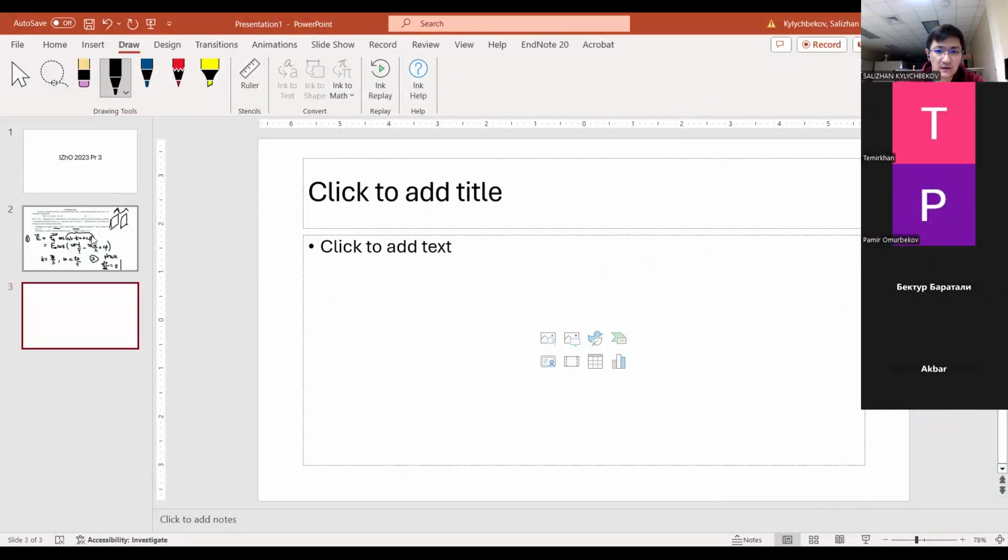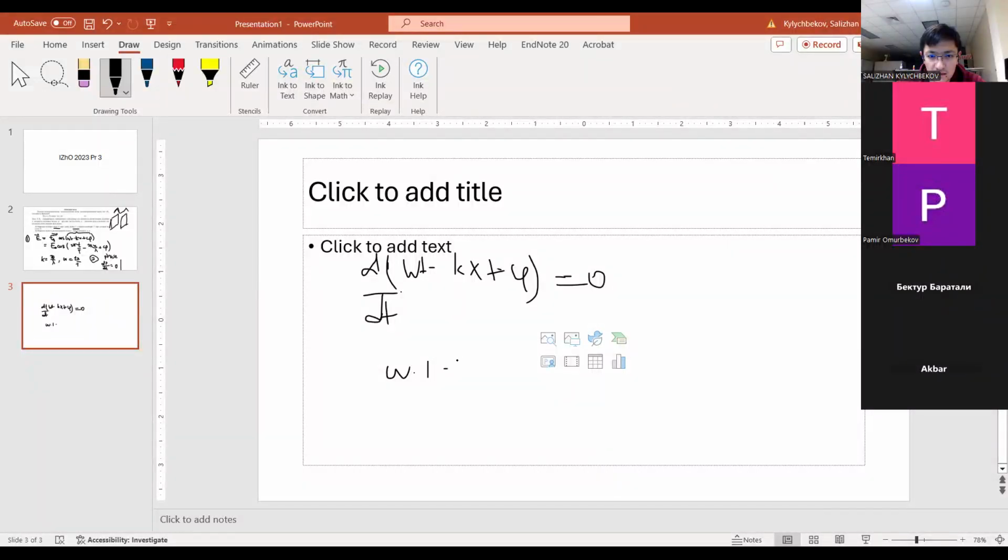d of (omega t minus kx plus phi) over dt. For the phase to be constant, this must be zero. Omega dt over dt is 1, minus k dx over dt, plus phi, which is just a constant, the initial condition, equal to 0.